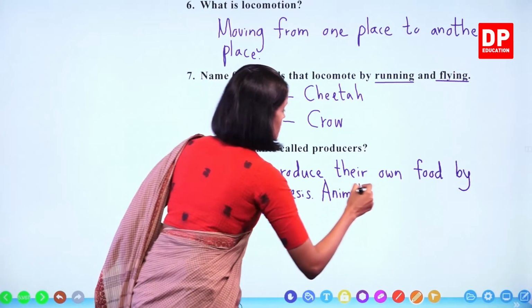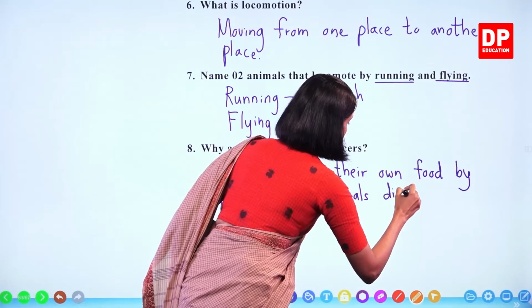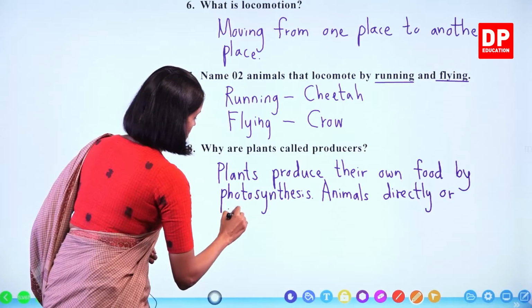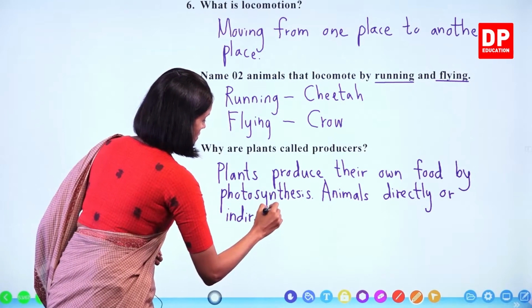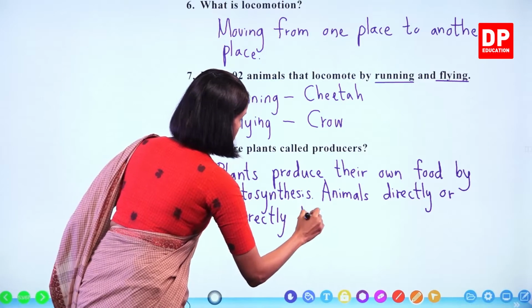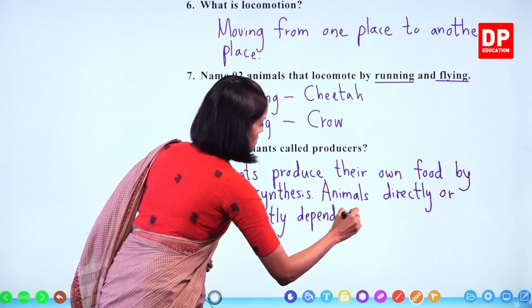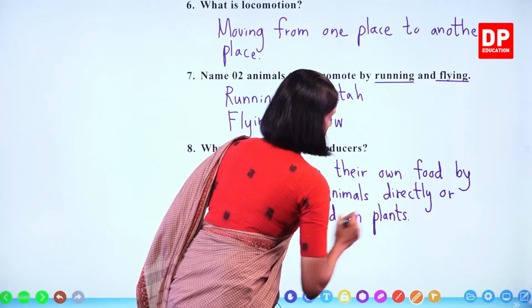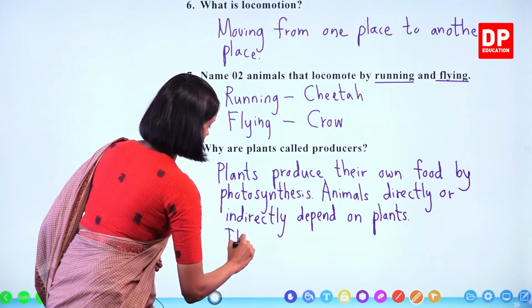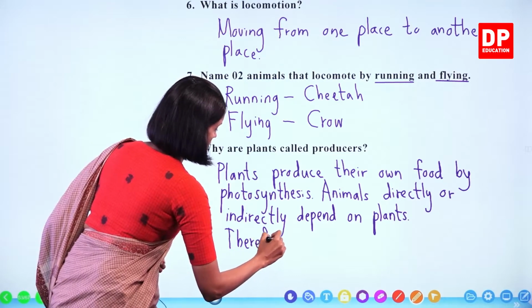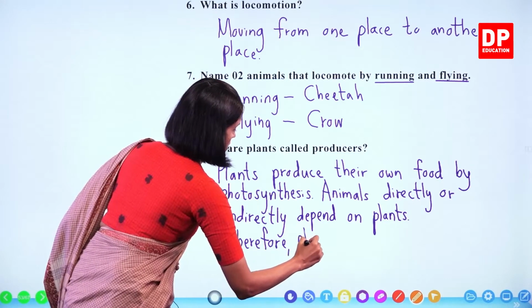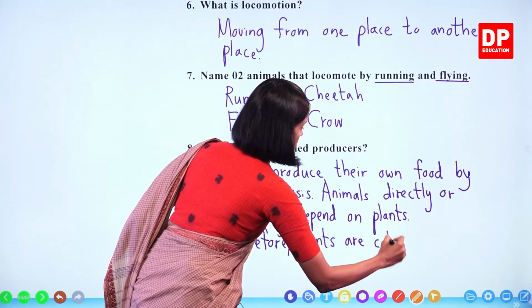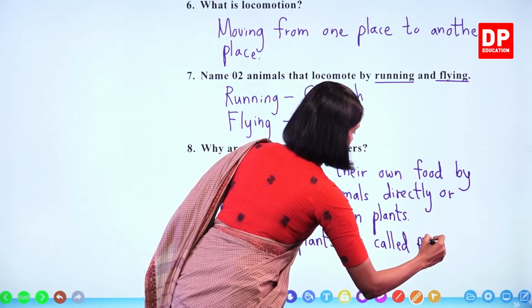Animals directly or indirectly depend on plants. Therefore, plants are called producers.